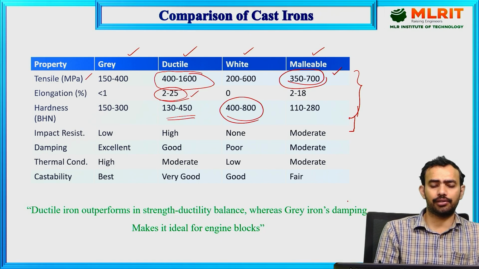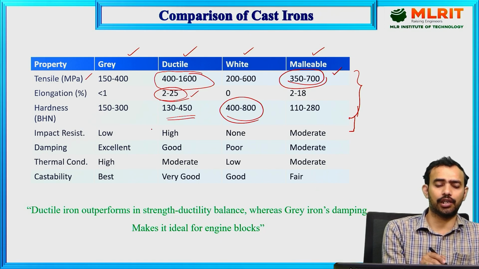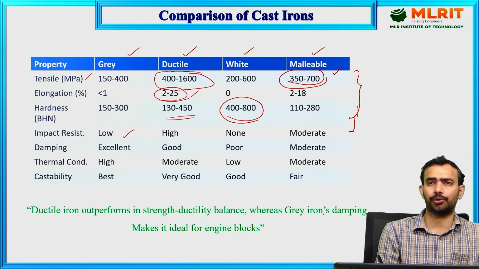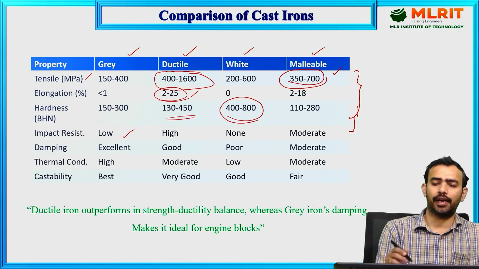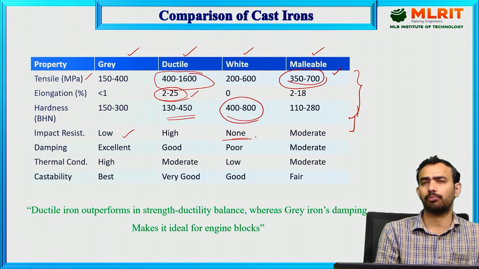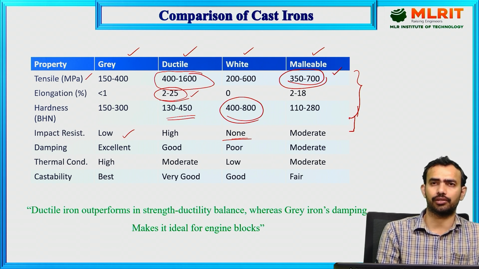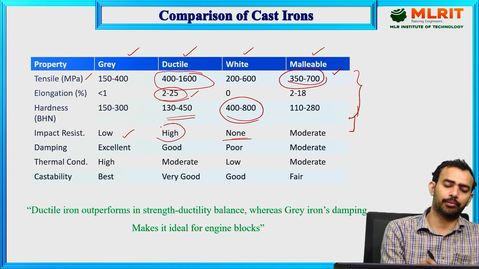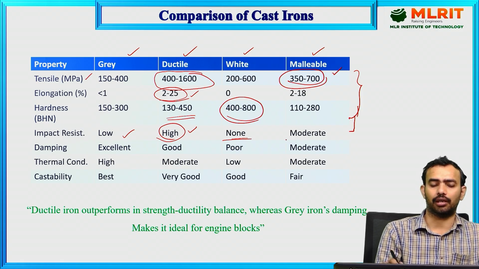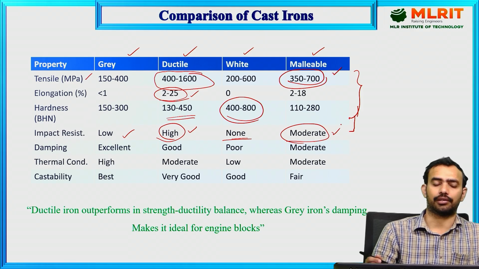Impact resistance is very low for gray iron because of stress concentration regions due to the graphite flakes. White cast iron is not suitable for impact resistance, almost nothing, because it is very brittle in nature, so cracks can easily form. Again, ductile iron offers very good impact resistance, and after that malleable iron comes next.